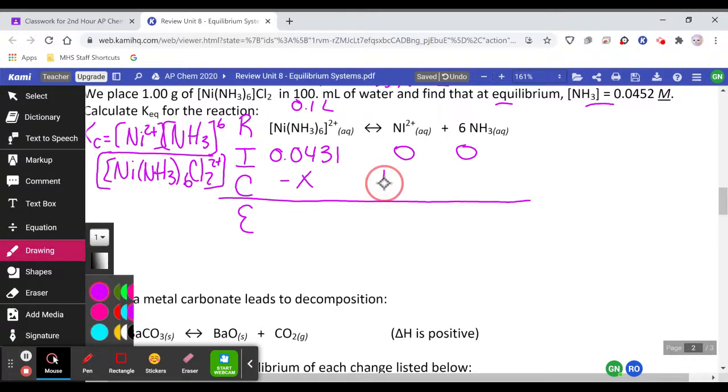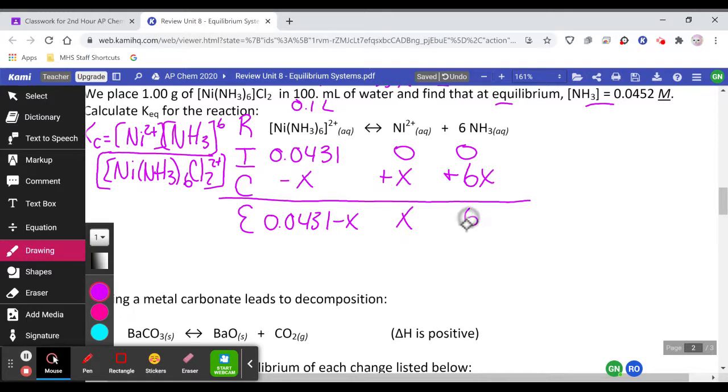Okay, so we're going to be plus x over here, plus 6x over here. And so we're going to combine those I and C's, right? So we have 0.0431 minus x here. We'll just have an x here. And then over here, we know that 6 times x is going to be equal to that molarity they gave us for that concentration at equilibrium.